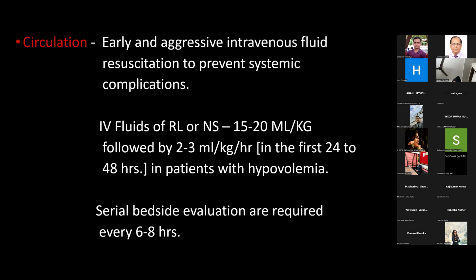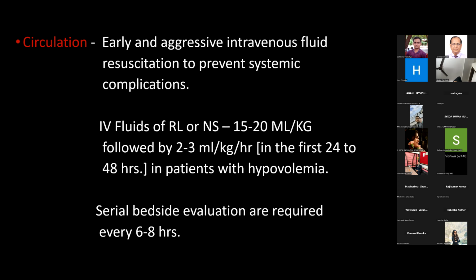Generally, the approach is to start IV fluids of Ringer lactate or normal saline 15 to 20 ml per kg, followed by 2 to 3 ml per kg per hour in the first 24 to 48 hours in patients with hypovolemia. In some other textbooks, they start with 1000 to 2000 ml of crystalloid fluids, followed by fluid resuscitation at a rate of 250 to 300 ml per hour for 1000 to 3000 ml.